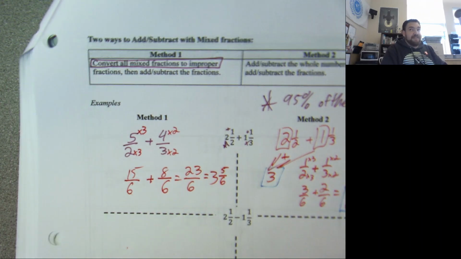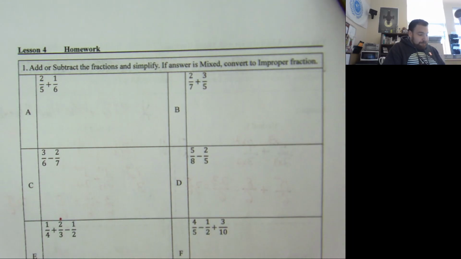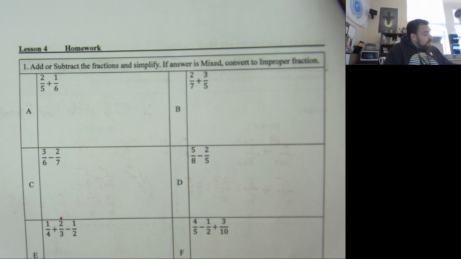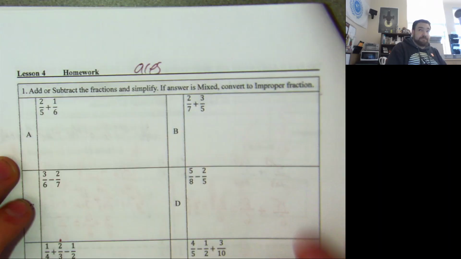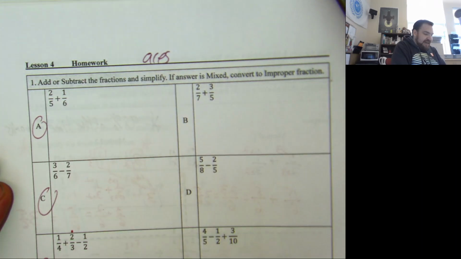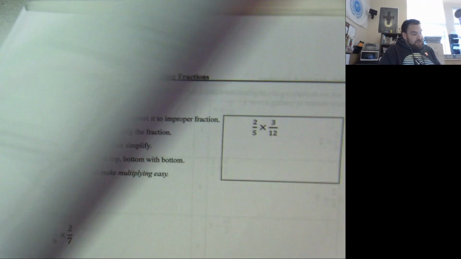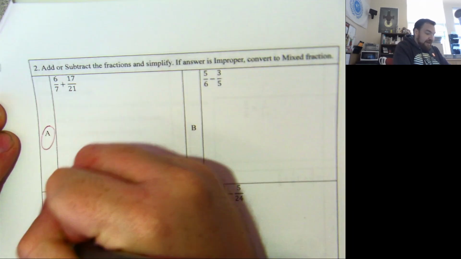If you don't want to see method 2, wow, that's loud, then I'm going to give you some stuff to play with, and you can spend the next half hour adding and subtracting some fractions. I want you guys to do ACEs on this page. So ACEs are A, C, E, G, and I. And then I want you to flip the page, and I want you to do ACEs again.